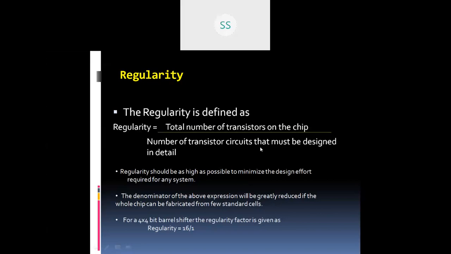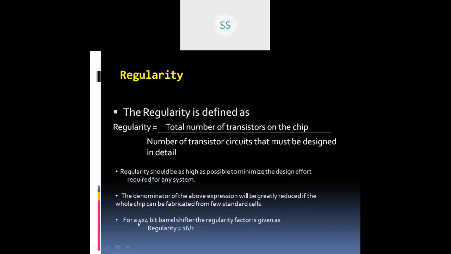You don't need different designs. As you go on giving different designs for different transistor circuits, the denominator increases, like 10 transistors having different designs, 20 transistors having different designs. If all transistors can be fabricated by one standard design, then the denominator is equal to 1, and the regularity will automatically increase.